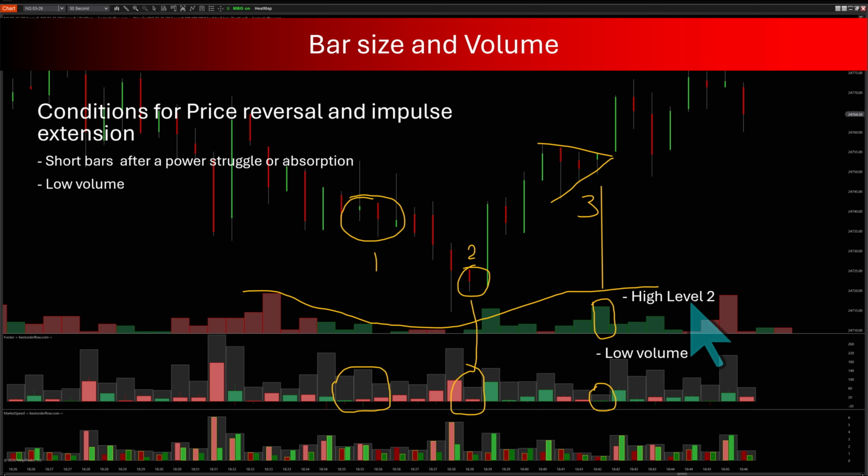You see the high volume level 2 happens, and the next candle is low volume, which is amazing. It is a high level 2, but then we continue, level 2 is still active and present. So these are the cofactors I'm looking for, and I like that I have these additional cofactors.